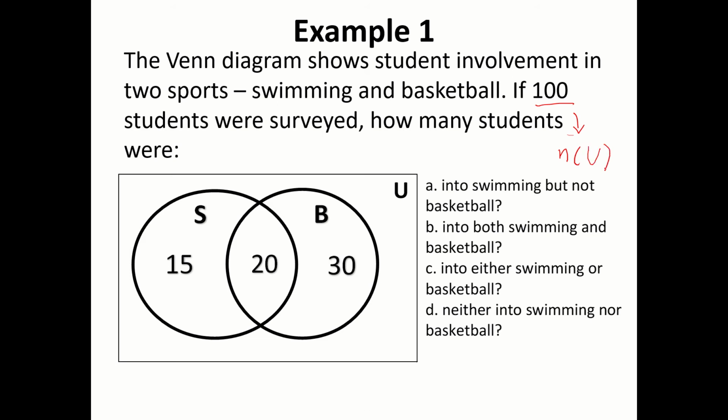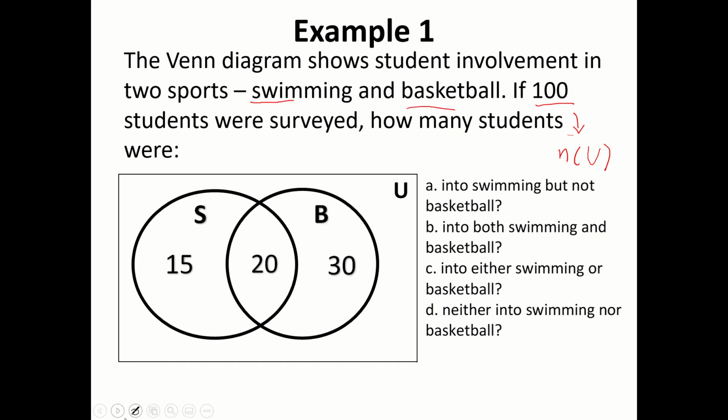So there are 100 students being considered, and we have here the data. S is for swimming and B is for those who like basketball.